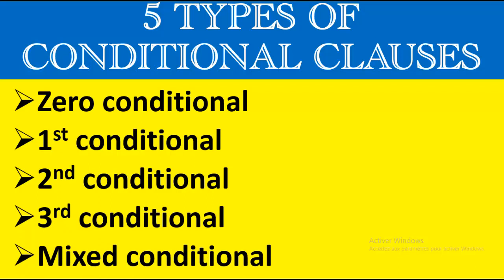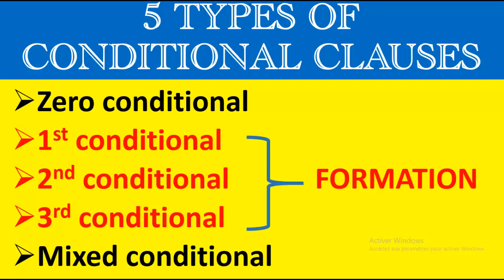But in this video, I will only deal with first, second, and third conditional as far as their formation is concerned. And in other videos, I will deal with zero and mixed conditional and the use of conditionals.